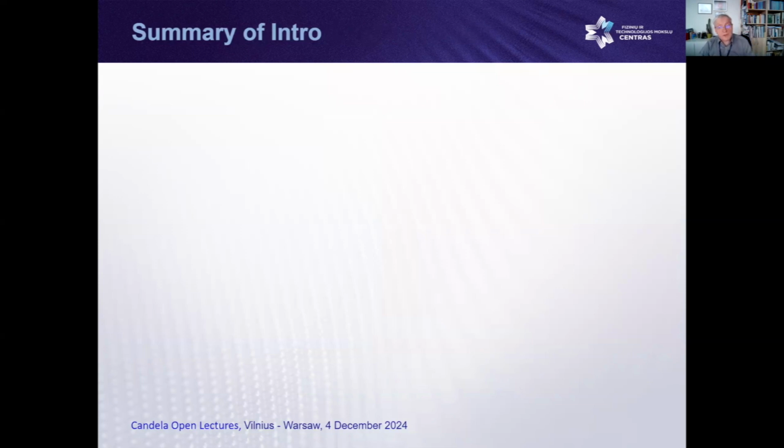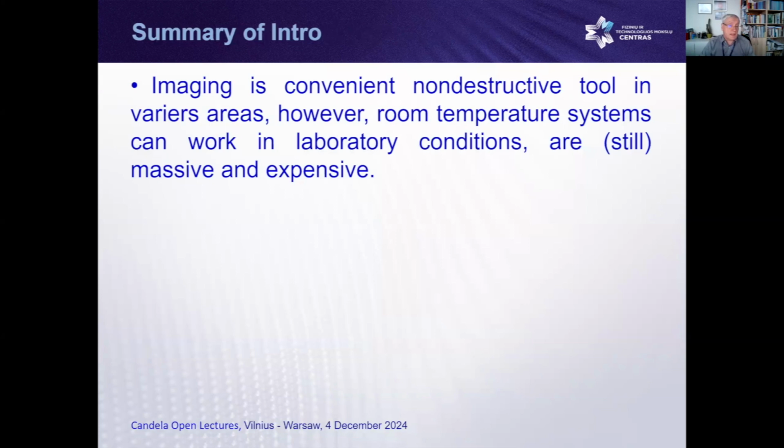So if we try to summarize the introduction part, what you can say is that it's a very convenient and non-destructive tool for various areas. Room temperature operation can be somehow realized, but still systems are very expensive.